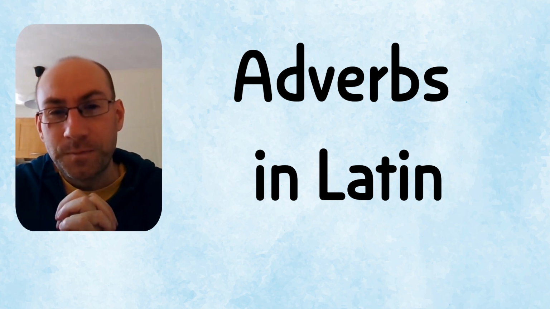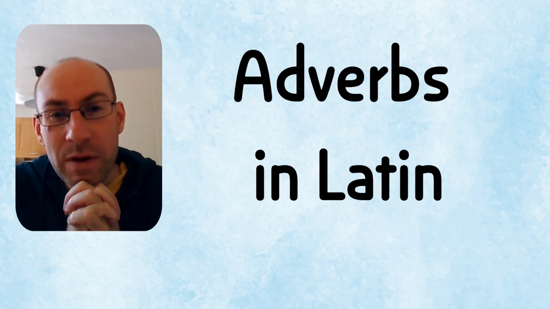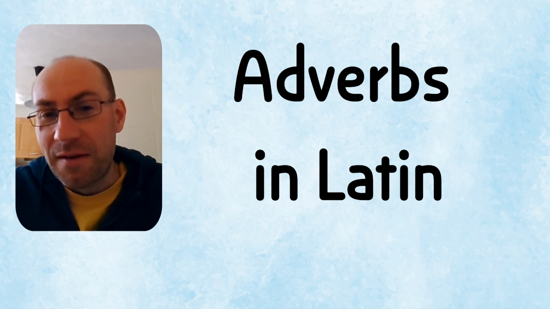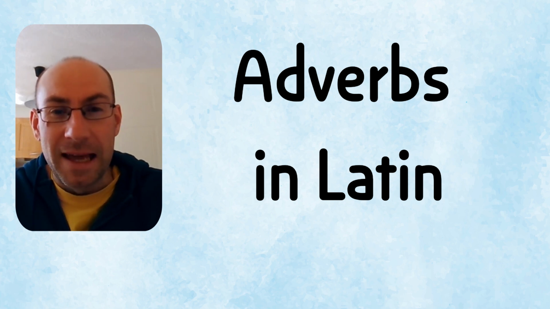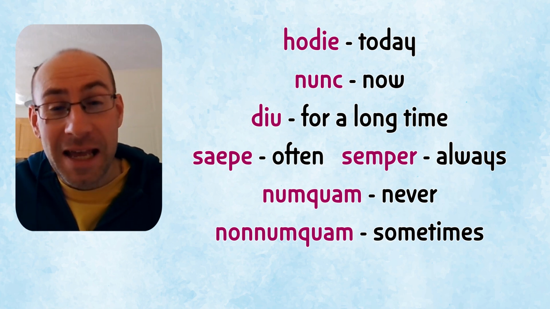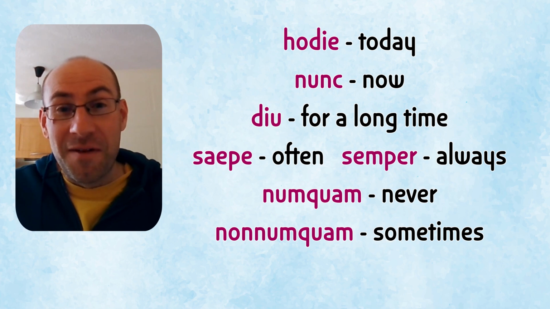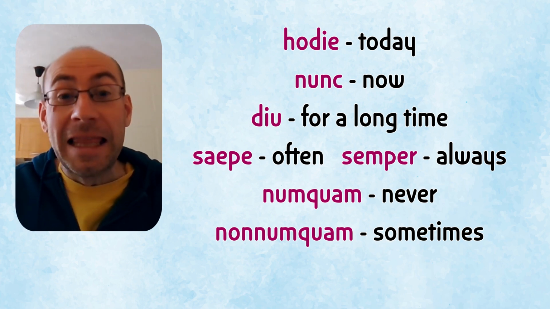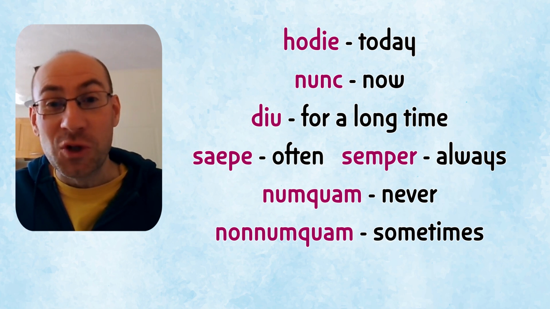As it happens, we have actually looked at some adverbs for time in Latin. I probably just called them time words when we introduced them. Words like today, now, they're telling you when the action is happening. Nunc linguam latinam discimus.